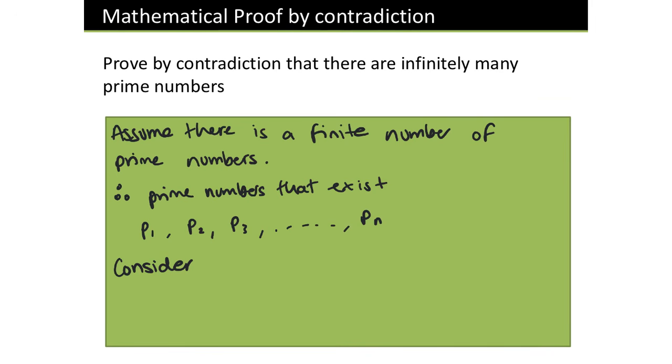So now let's consider a number where we have P1, P2, P3, etc., and we're going to multiply them together, and the last one, and add 1. So we'll multiply all the numbers together and then add 1.